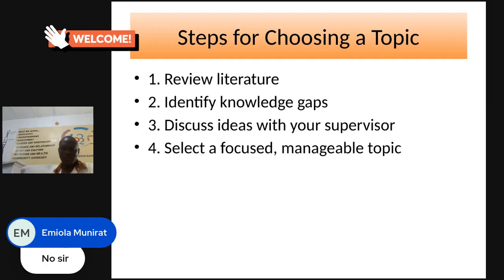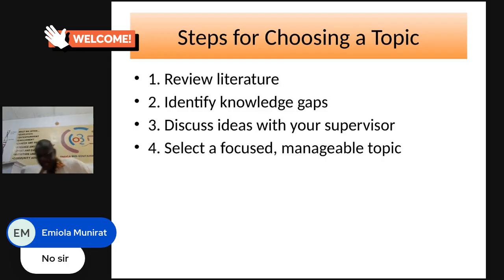After you must have conceptualized your topic, the next thing should be the approval. You should subject it to the approval of your supervisor. Then after that, you should be able to select a focused, manageable topic.